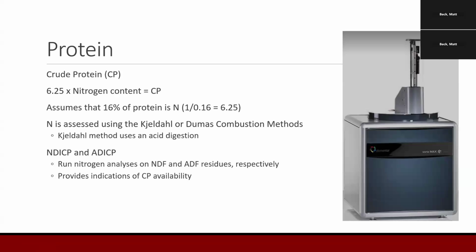So if we have more nitrogen found in the fiber fractions, would we expect that nitrogen to be more or less digestible? Do we expect more of that to be available to the animal or less? Less.